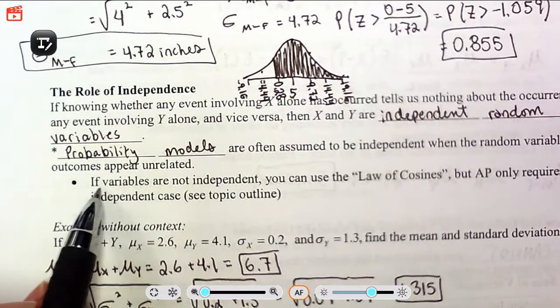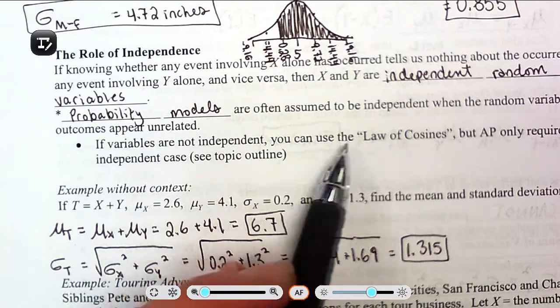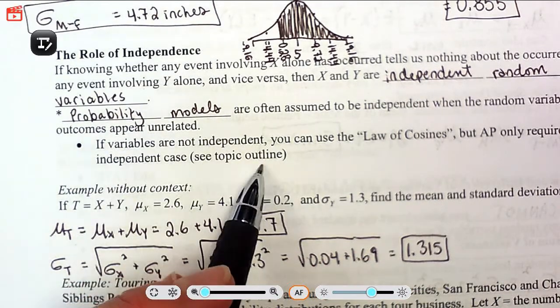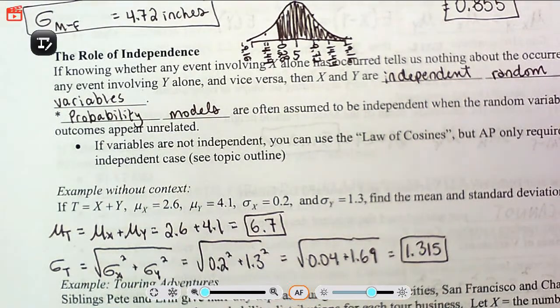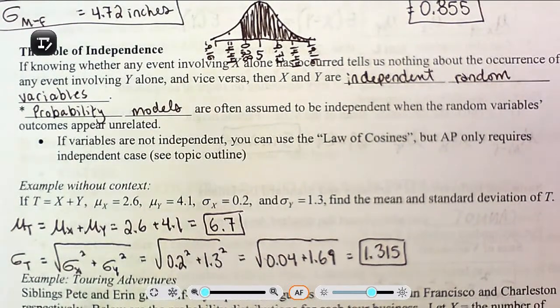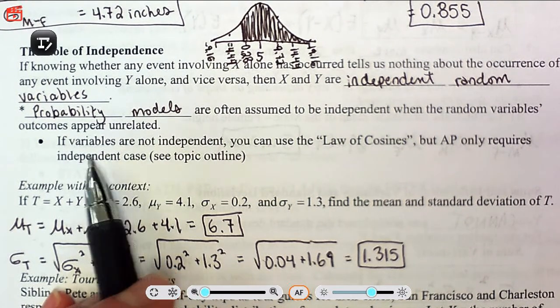Okay, if variables are not independent, you can use the law of cosines, but AP only requires the independent case. So we're not going to use any other rules to get around independence. We do, therefore, require that the two variables be independent.